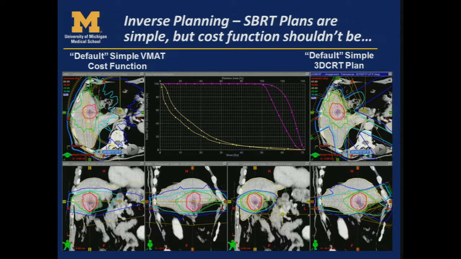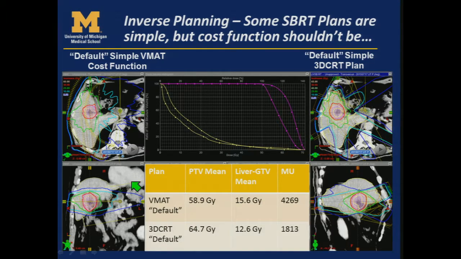And when you do that, you can run into potentially unexpected results. This is just showing these two plans. Here in the triangle is the 3D plan, and here in the square is the VMAT plan. What you'll see is that the default type of VMAT plan has a lower PTV dose and a higher liver dose and way more monitor units.